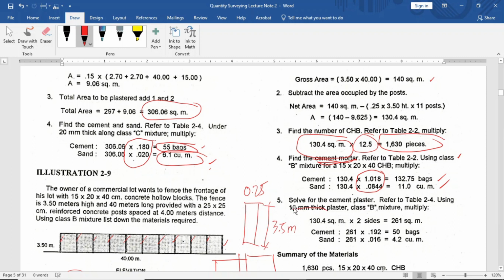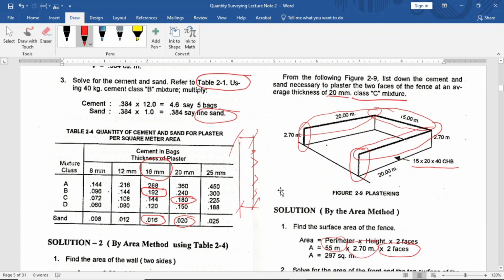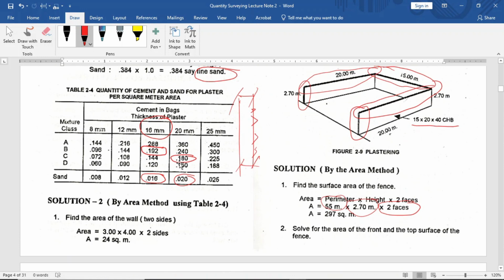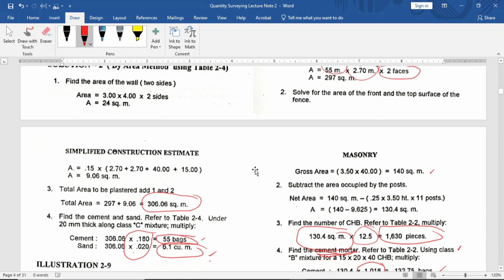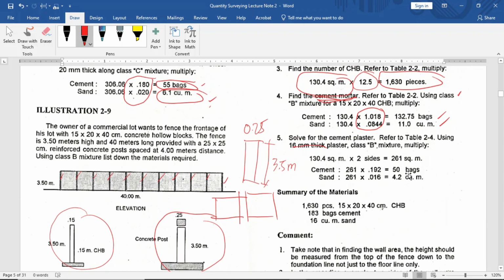Ayan. 2-4, 16 mm plus B: 0.192 and 0.016. So, yan. So, reminder, isang side pa lang ito. Kaya, ito times 2 natin, kasi yung dalawang side, yung i-plaster natin.